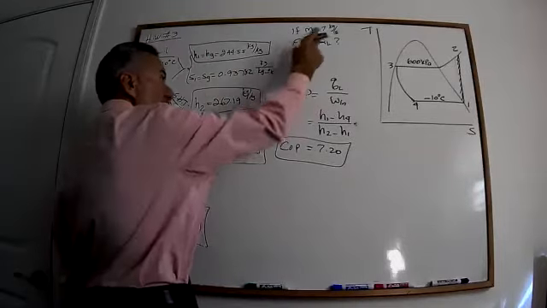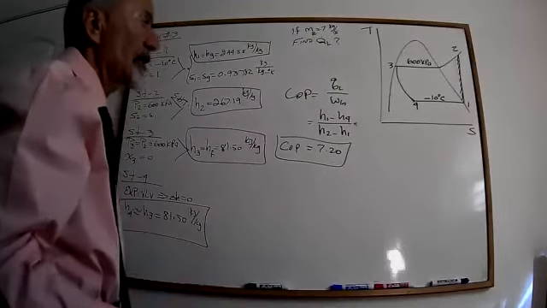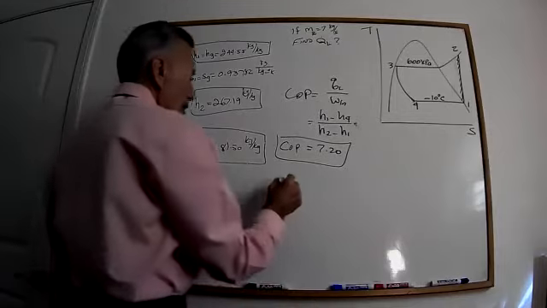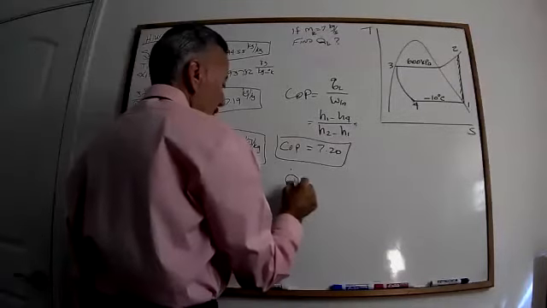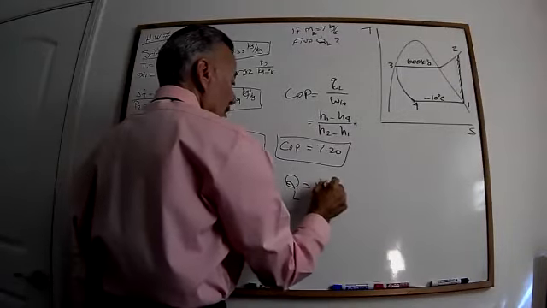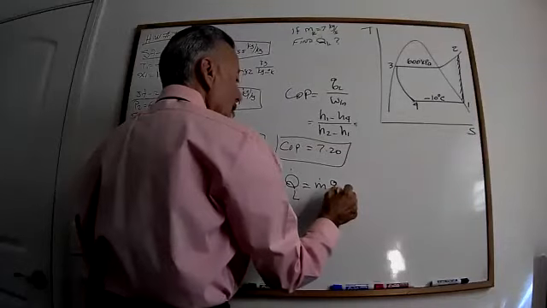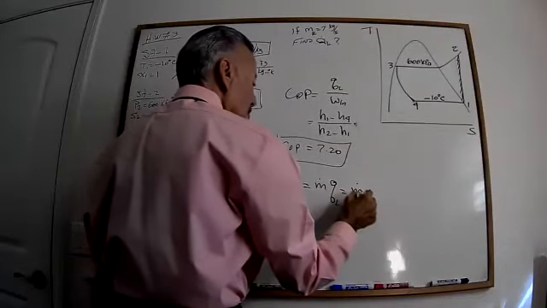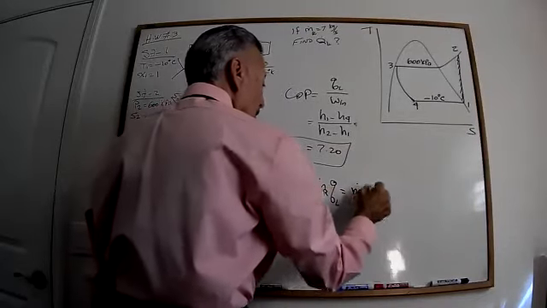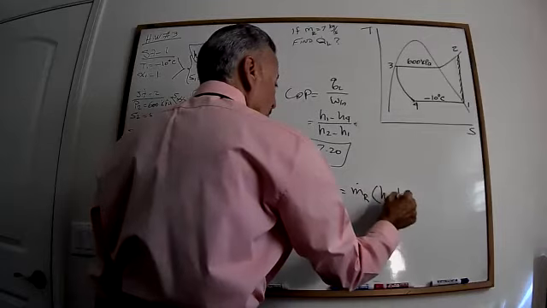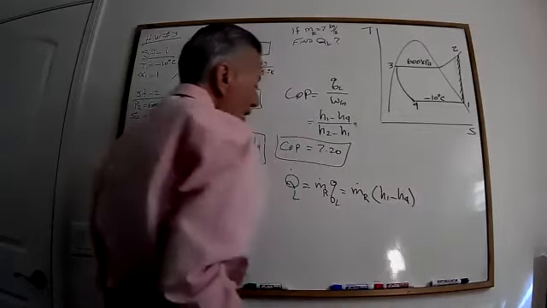Then we say if the mass is 7 kilograms per second, what would be the QL? Well, the QL is equal to the mass times the small q, that would be the mass of refrigerant times H1 minus H4.